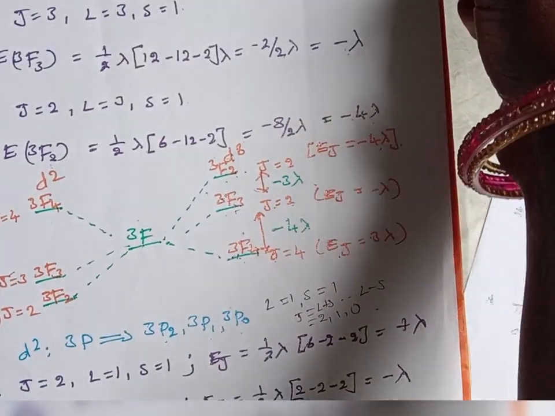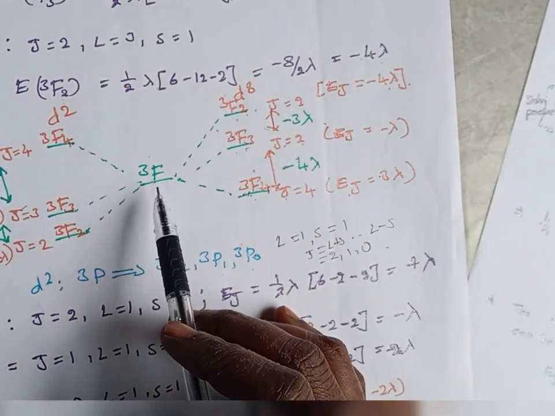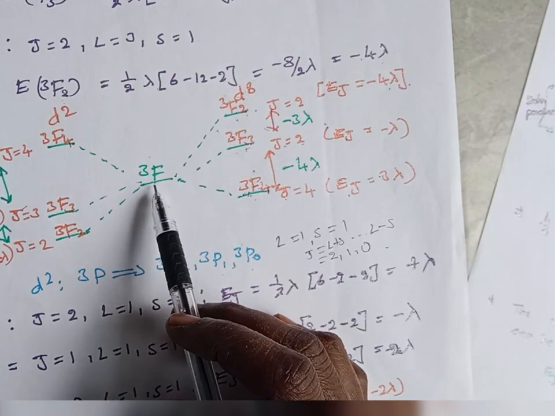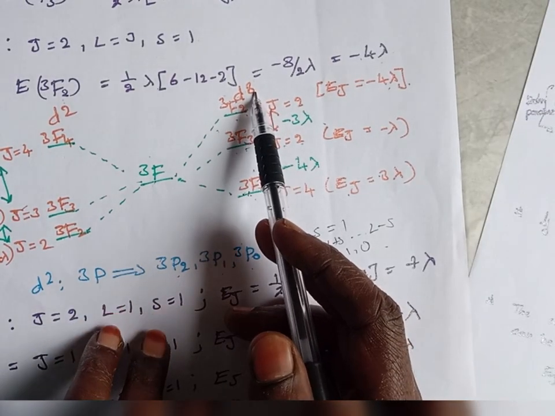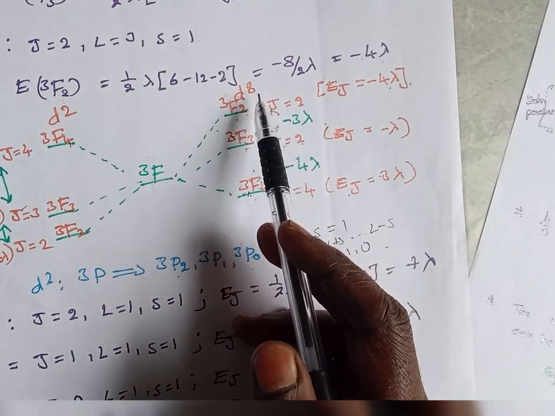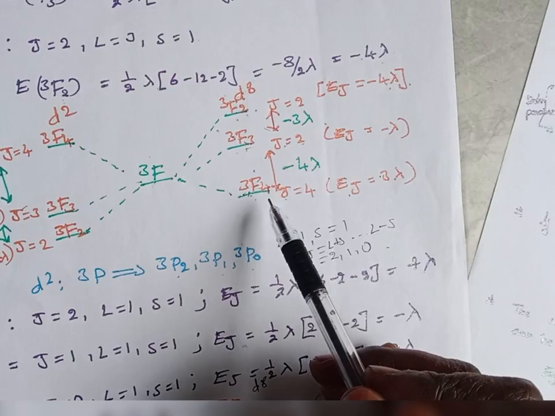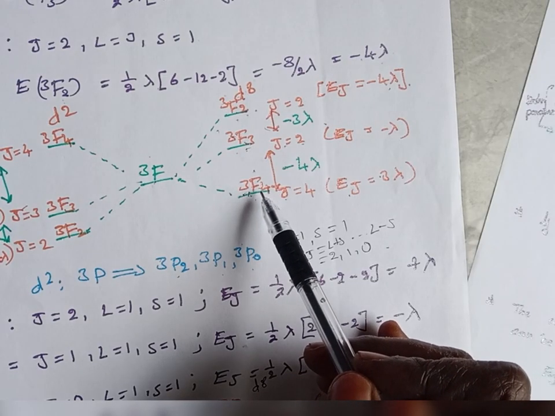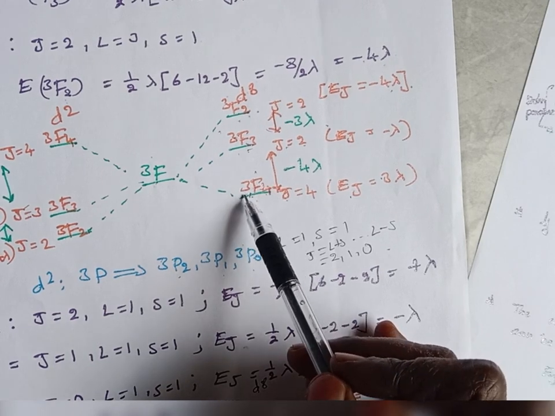Now we have to arrange the states in order, right? According to Hund's rule, we have to arrange the states of the particular term. So for d8, that is greater than half-filled configuration, the state which is having the maximum J value will be the lower energy level.